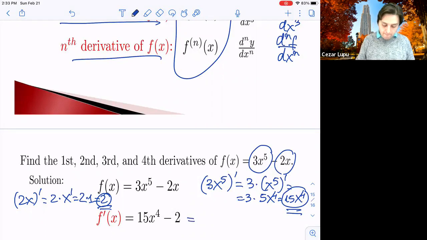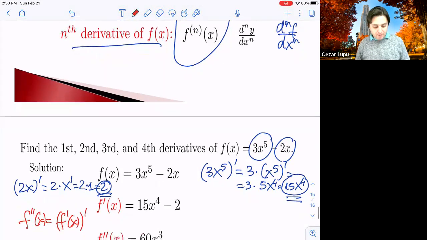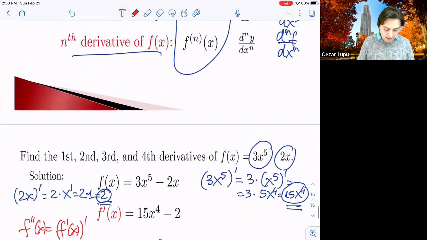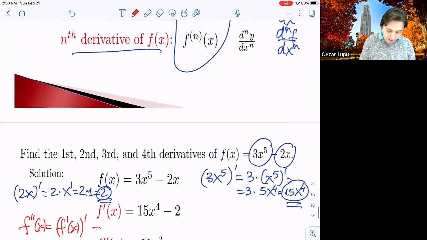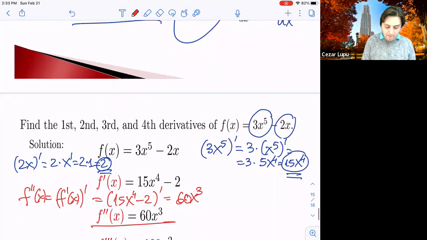So the second derivative will be the derivative of the first derivative, and of course this will be nothing else than 15x to the fourth minus 2 prime, which is 60x cubed, which you find here.